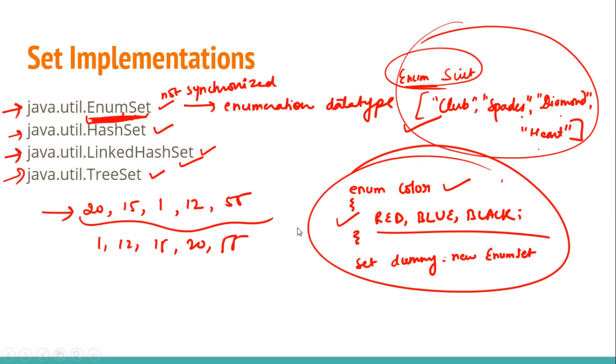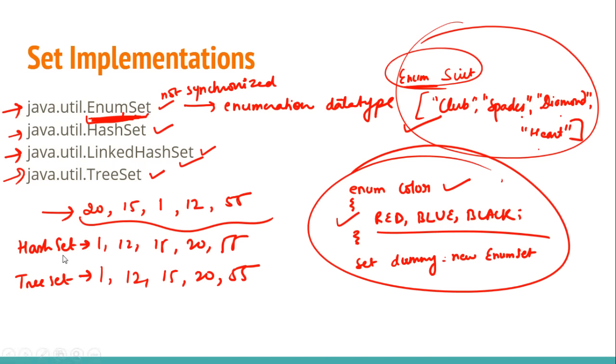A tree set will give you these elements in sorted order, and by default the sorting order is ascending. So you will get 1, 12, 15, 20 and 55. This is the output of tree set, and this is the output of hash set.